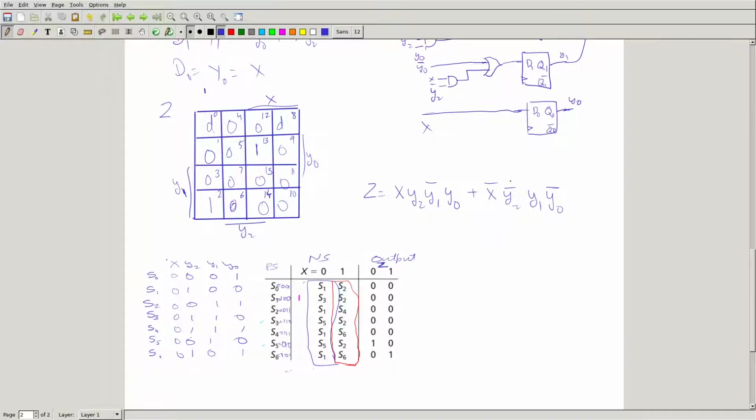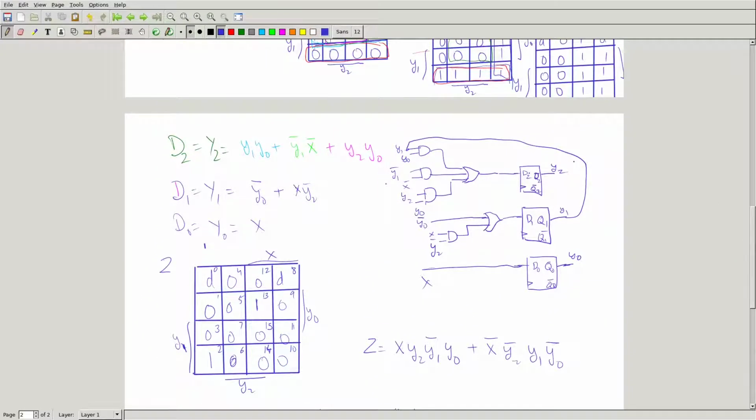And so this circuit Z would require 2 AND gates and an OR gate, and it will require 4 inputs in each of the AND gates: x, y2, y1 bar, and y0, and x bar, y2 bar, y1, y0 bar. Okay, and you can connect those wires if you want to, but that's the basic idea.